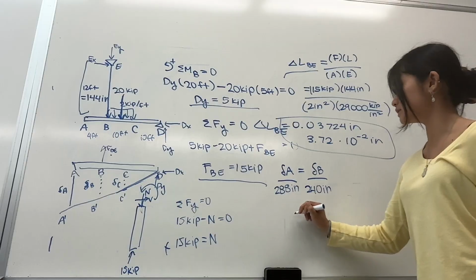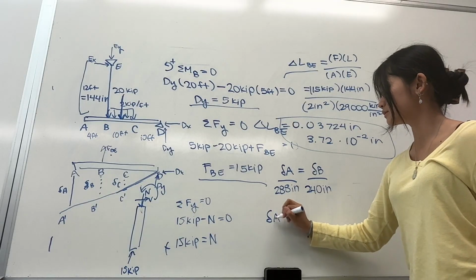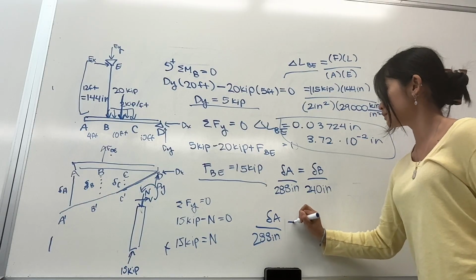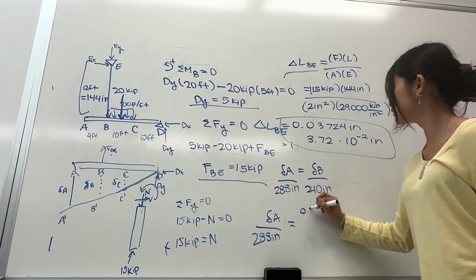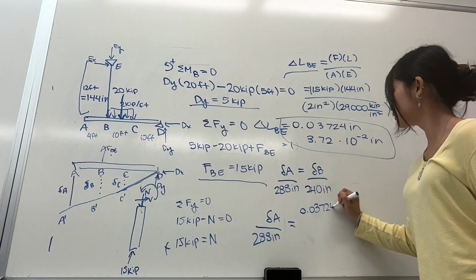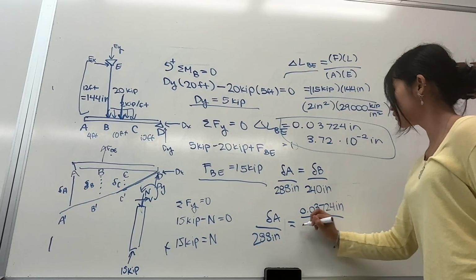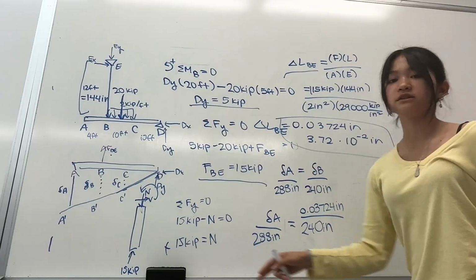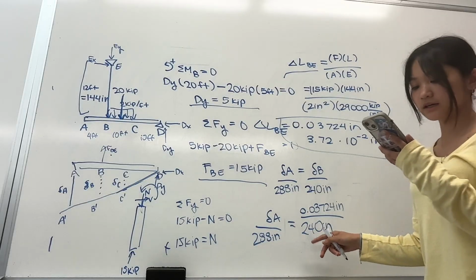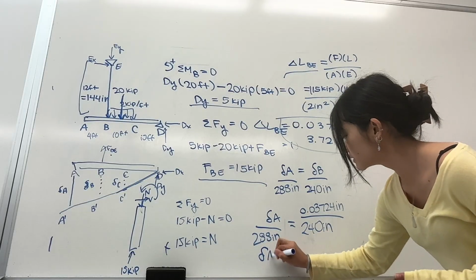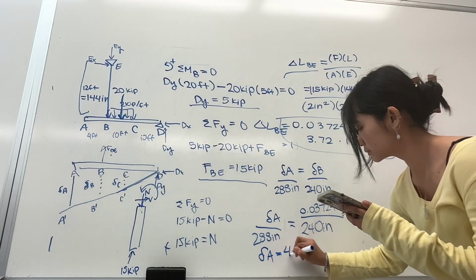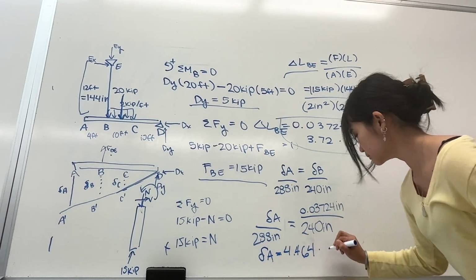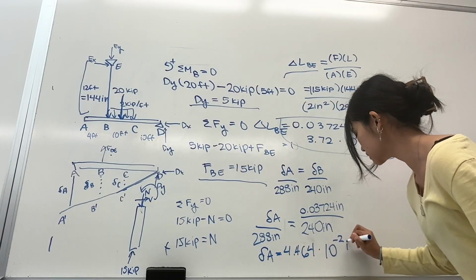So we already know what B is, so we just have to solve for A. And when we solve for A, I get displacement of A is equal to 4.464 times 10 to the negative 2 inches.